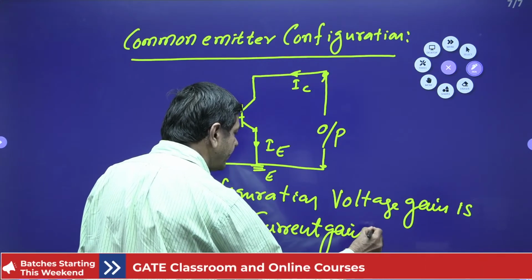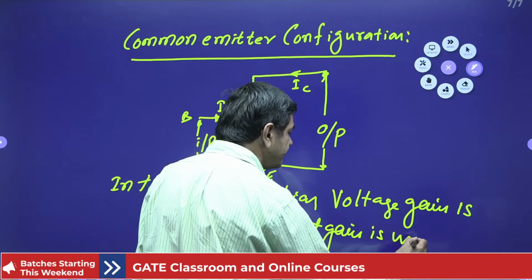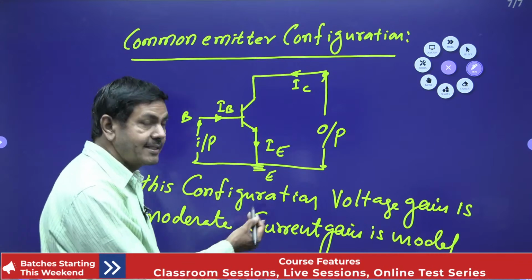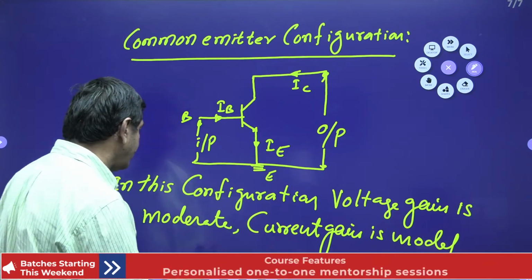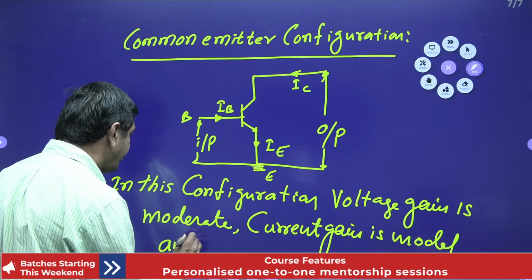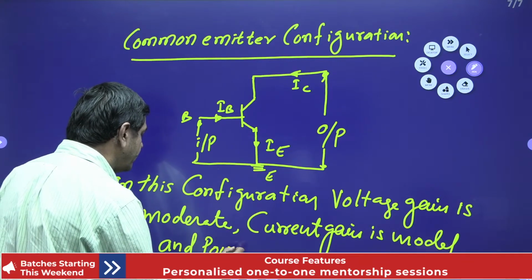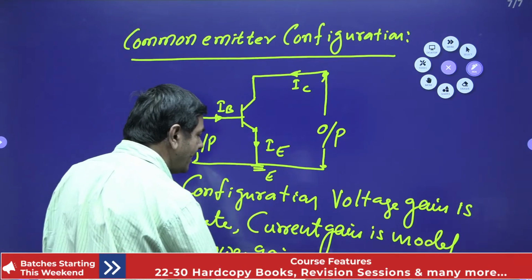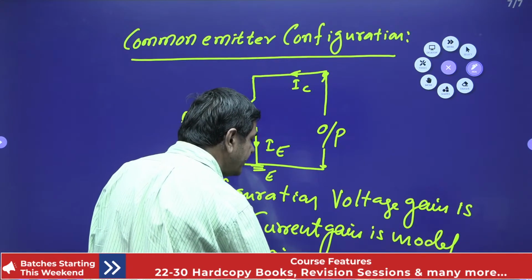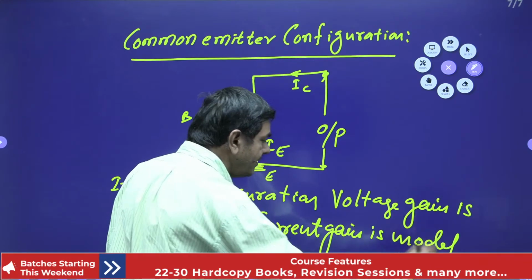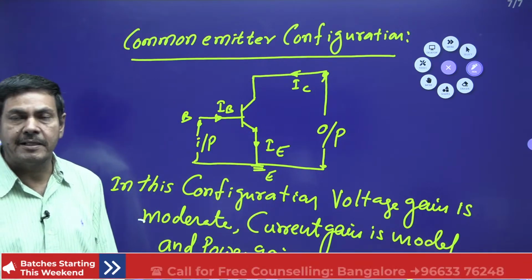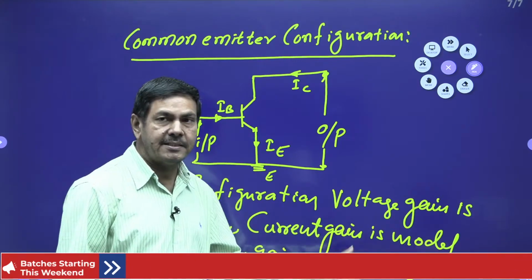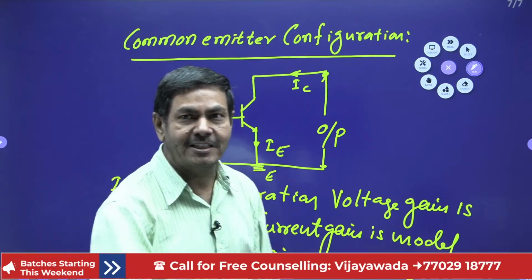One mark questions are mostly asked on this. We cannot neglect these questions. Current gain is moderate and power gain is moderate. Like that, all these three gains are maintained moderate. Now you got the idea. When you should use the common emitter configuration, you got the application. When the requirement is this, you select the common emitter configuration directly.